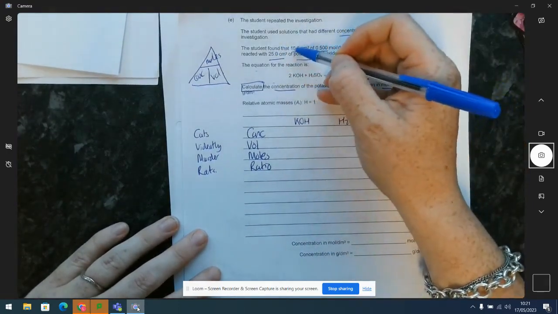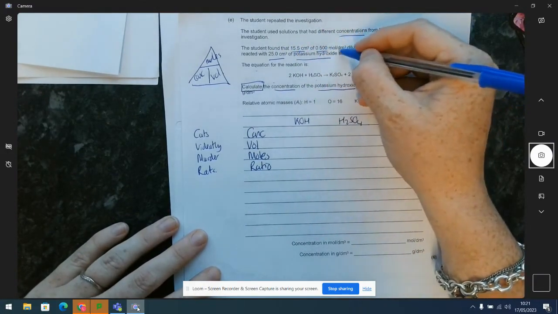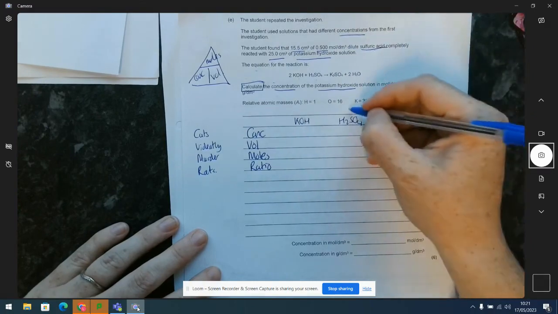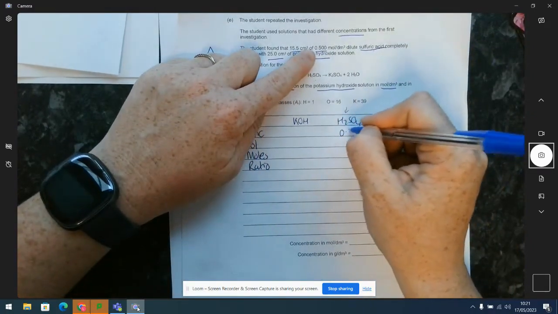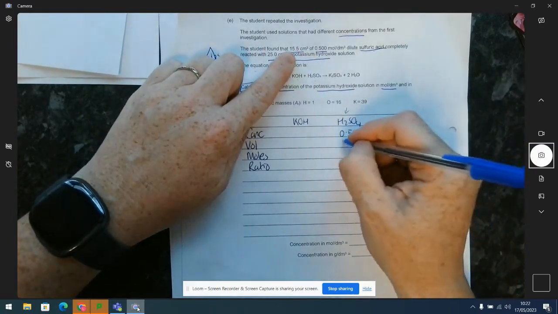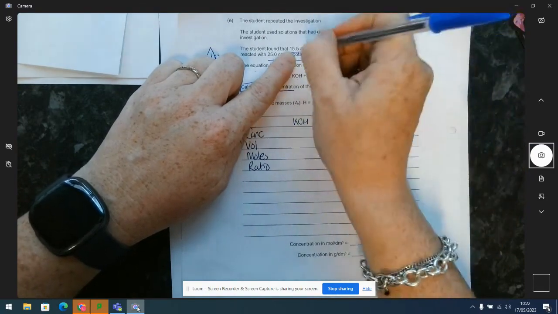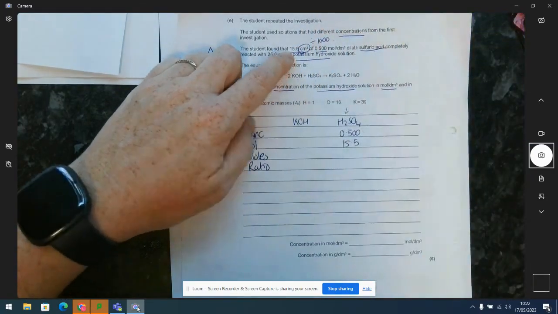Volume. The student found that 15.5 centimetres cubed of 0.5 concentration of sulfuric acid. So I'm going to start with my sulfuric acid. Do I have a concentration? Yes, I do. I get that from the question. Do I have a volume? Yes, I do. So 15.5, but I've noticed straight away it's not in the right units. So I have to divide that by 1,000.